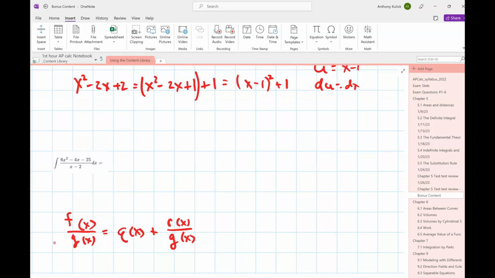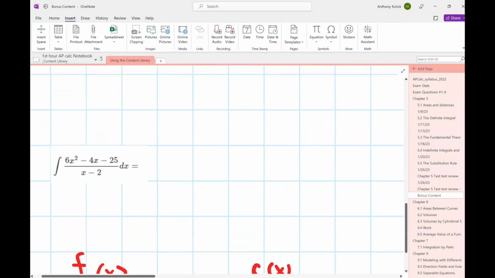How do I get it to look like quotient plus remainder over divisor? Polynomial division. Excellent. Yes. All right. So how would I do polynomial division for 6x squared minus 4x minus 25 divided by x minus 2?